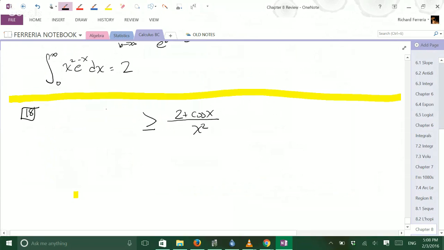Okay, so let's make the numerator 3. Let's keep the denominator x squared. So 3 over x squared should always be bigger than 2 plus cosine x over x squared.